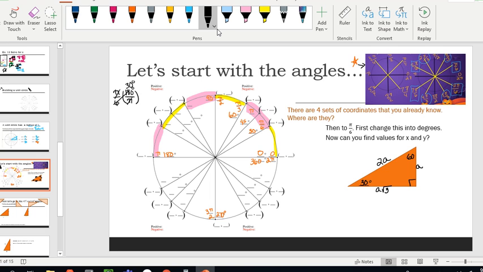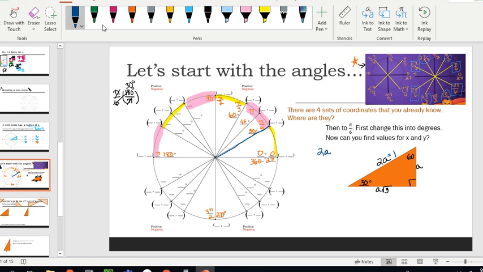Okay, A root 3. Now, what I do know is that the hypotenuse, every single one of these are a radius and they're 1. So that means this piece over here is equal to 1. So I can find out what A is.